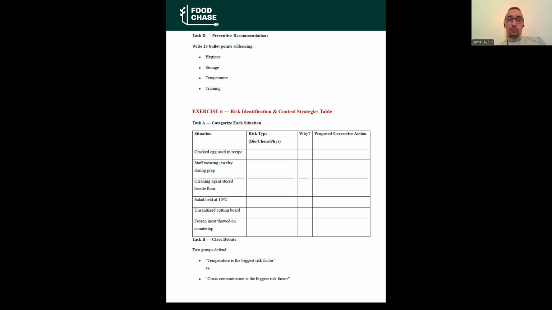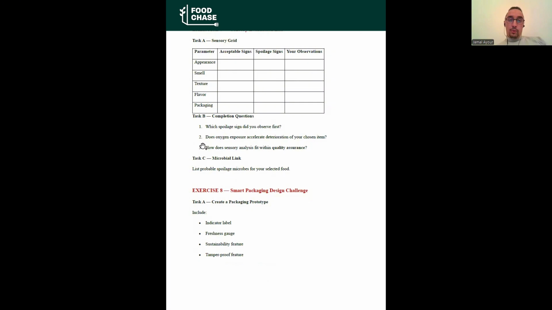Let's continue with exercise number seven. The objective of exercise number seven has three tasks. The first task is about the sensory evaluation lab, a sensory grade with different columns. For parameters, we have different criteria and attributes in the first column, such as appearance, smell, texture, flavor, and packaging, and we have to complete the table about acceptable signs, spoilage signs, and your observations.